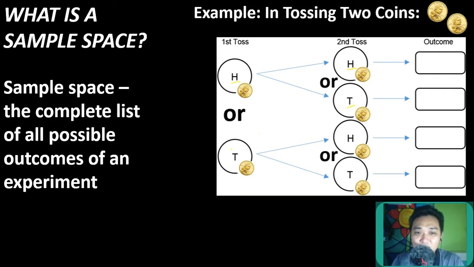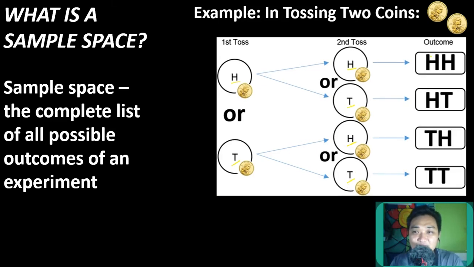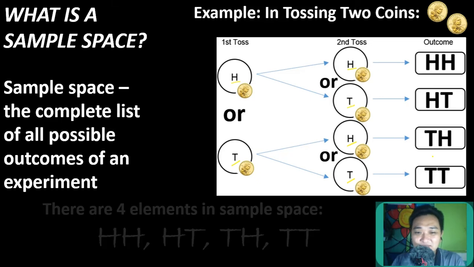O kung halimbawa, yung lumabas naman sa first toss natin is tail, pwede rin natin siyang mapartneran ng either head or tail. So, these are the possible outcomes. Ito yung list ng lahat ng possible outcomes in this kind of experiment, tossing two coins. Head, head, head, tail, tail, head, at saka tail, tail.